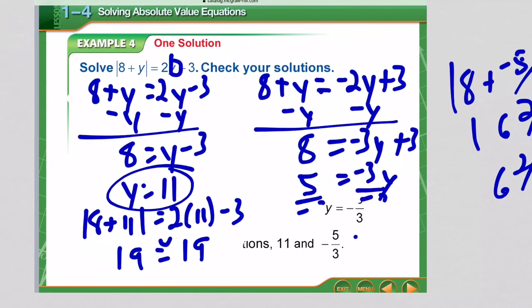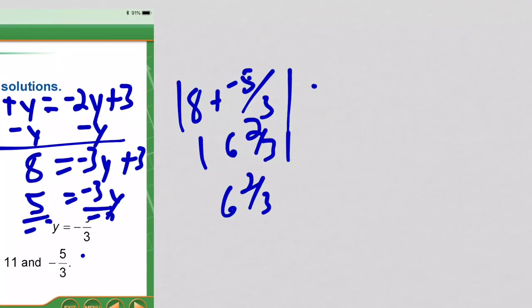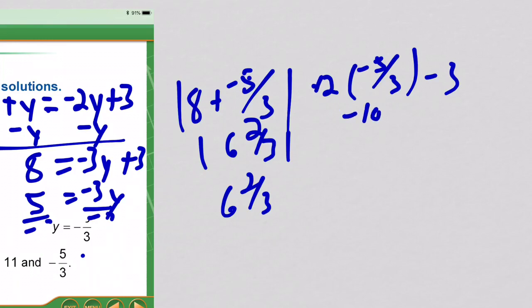from the beginning, so notice I plug it in the beginning, the 2y minus 3. 2 times negative 5/3 minus 3. That's a negative 10/3 minus 3, which is a negative 3 1/3 minus 3.